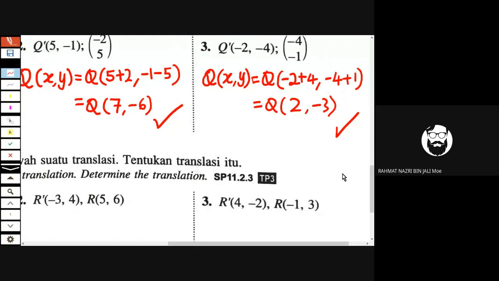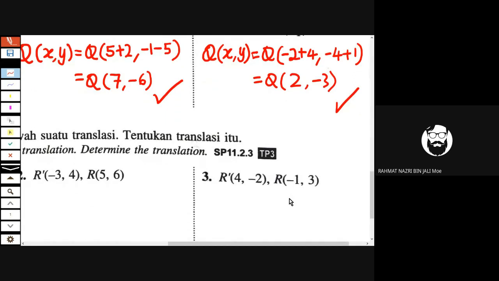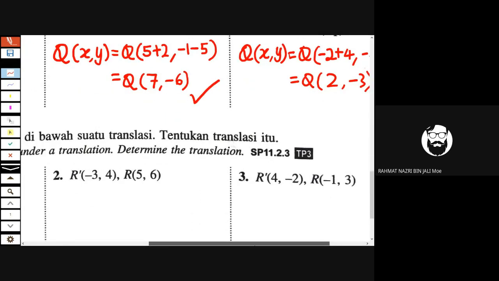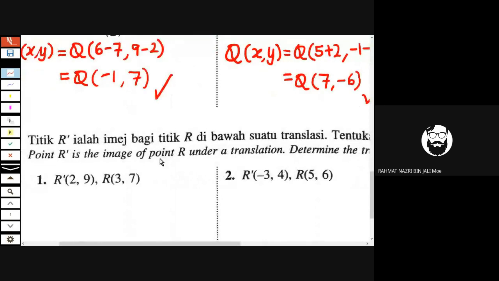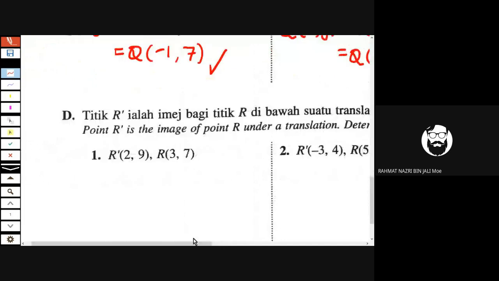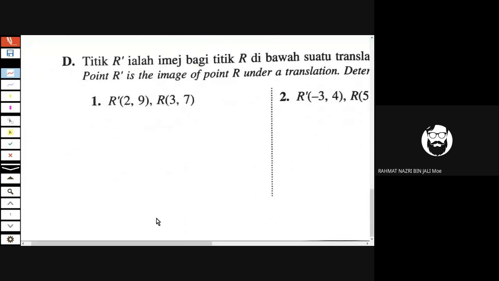Okay, seterusnya, soalan nombor D. Soalan D. Point R prime is the image of R under a translation. Determine the translation. Okay, R prime ini ialah image, ini ialah objek. Jadi caranya, kita terus buat dalam metric form. Saya lupa nak bincang this one.